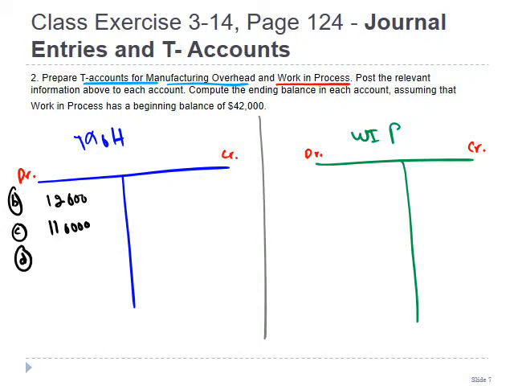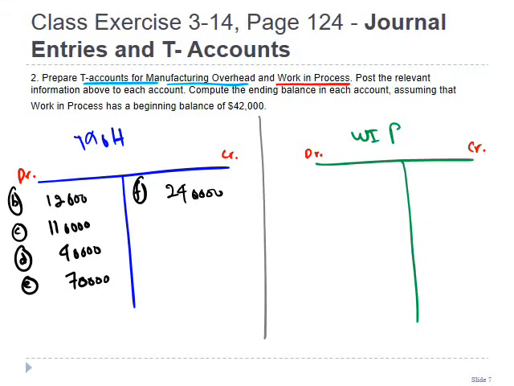From D, it is debited by 40,000 due to depreciation. From E, it is also debited, accounts payable, others, manufacturing overhead here. And from F, we applied the manufacturing overhead, that is 240,000.